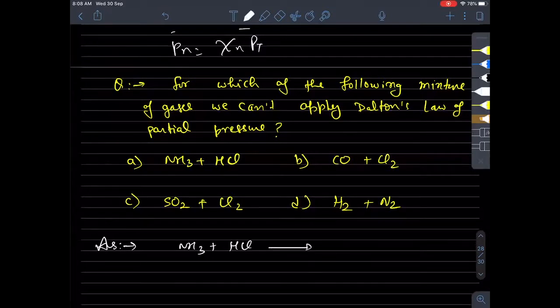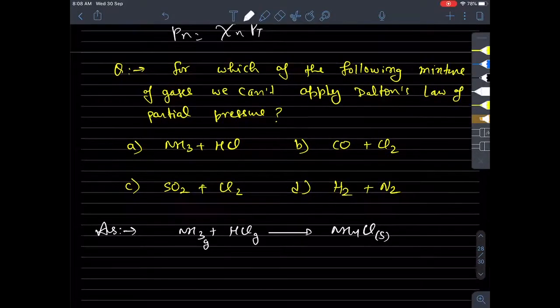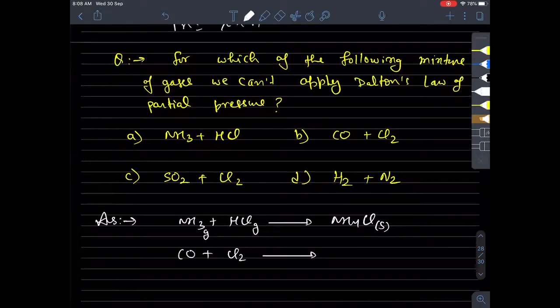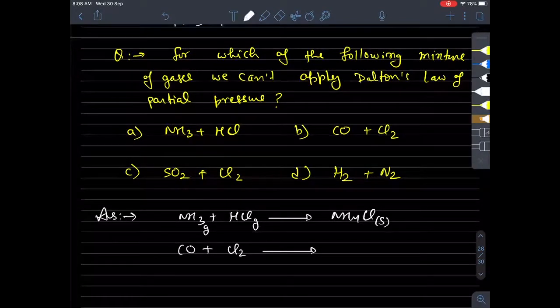So the first will react and form ammonium chloride, which is a solid. Second thing, CO plus Cl2 also reacts. Basically, halogens have great tendency to react. So that forms COCl2, phosgene.